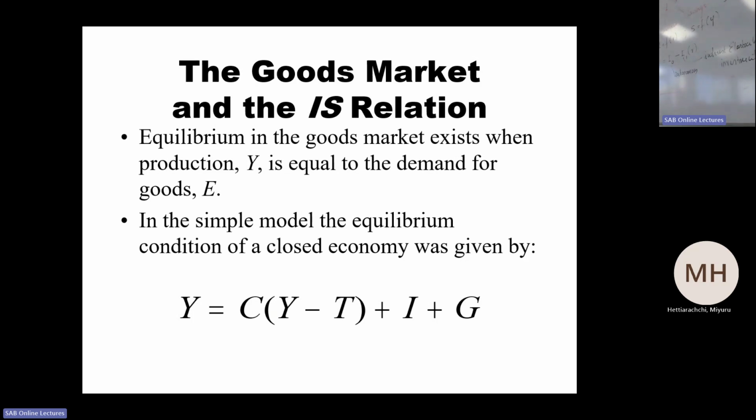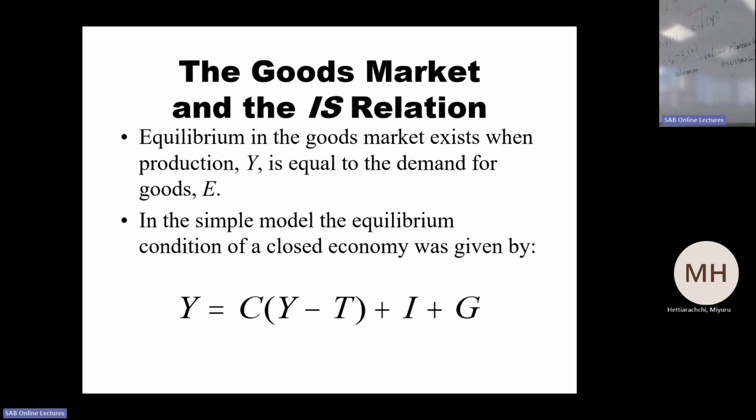We can write it that way: Y = C + I + G, and here we assume a closed economy.